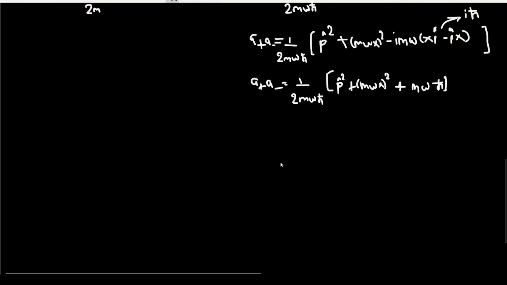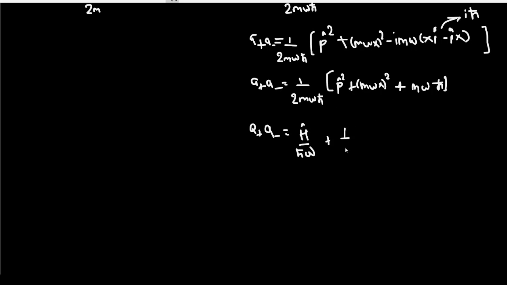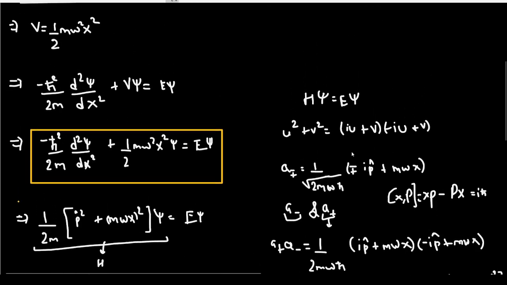It means we can write that a plus a minus is equal to the Hamiltonian operator divided by h-bar omega, plus m omega h-bar, which cancels out, equal to 1 by half. So this is what our equation becomes.